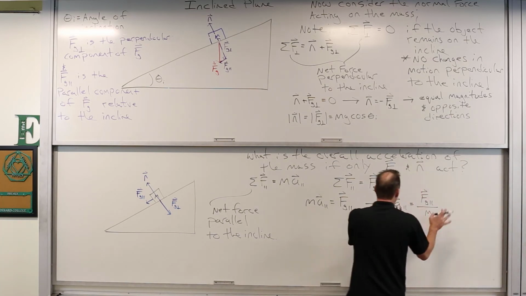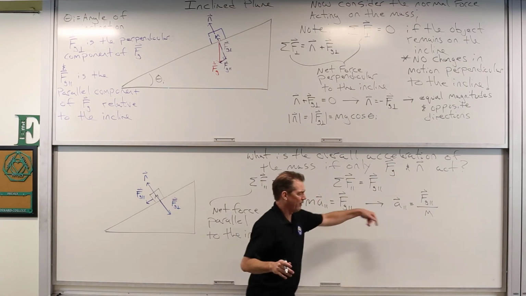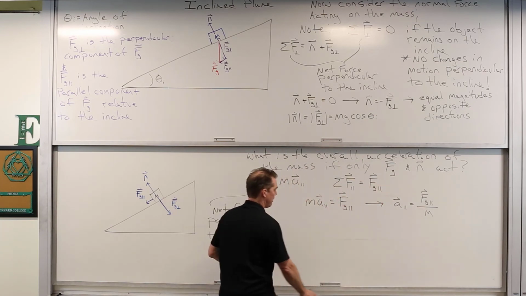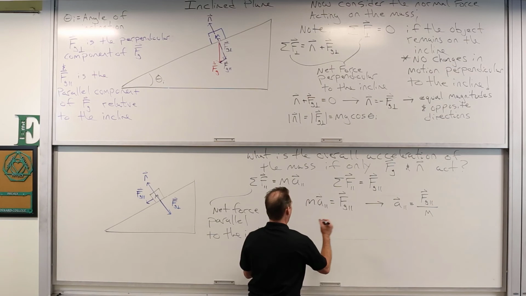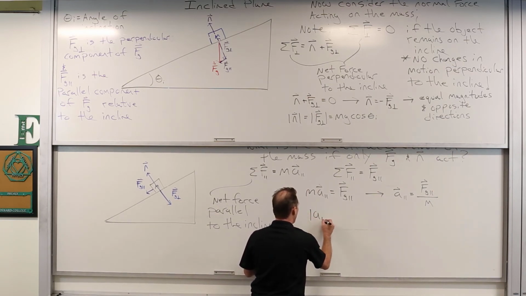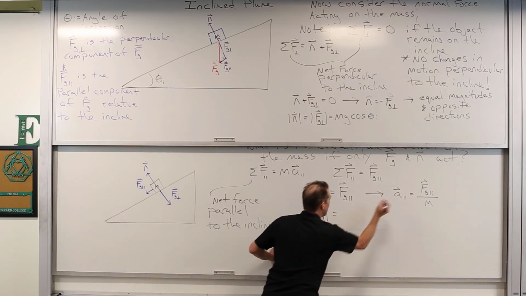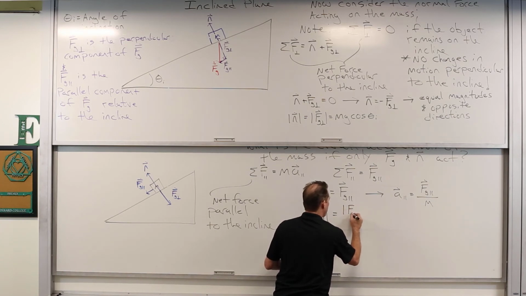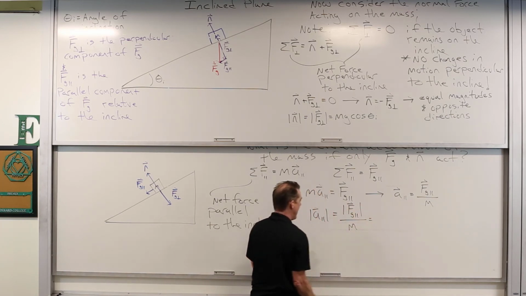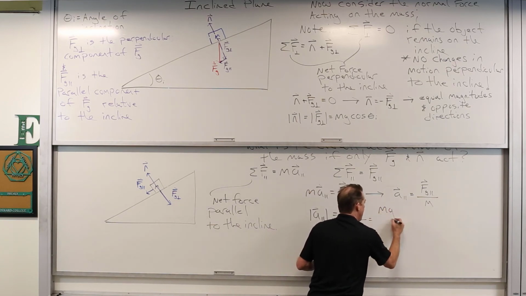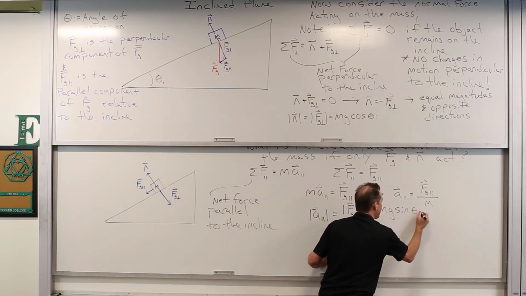So moreover, with this being the only force acting, we can write that the magnitude of the acceleration is equal to the magnitude of the parallel component of the gravitational force divided by m, which is then mg times the sine of theta sub i.